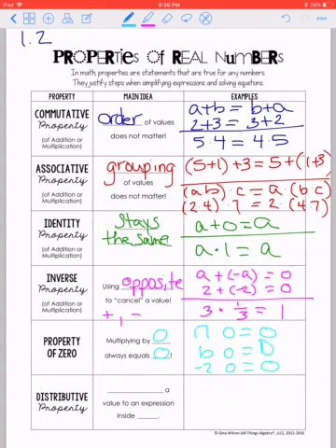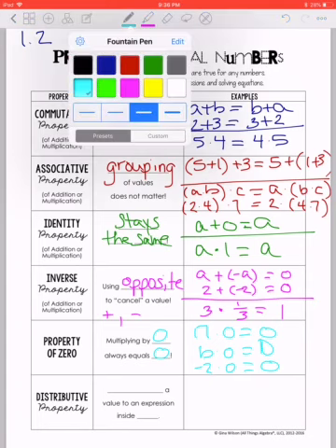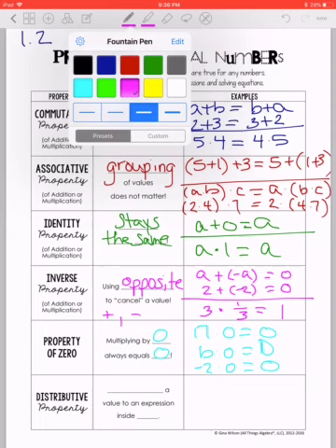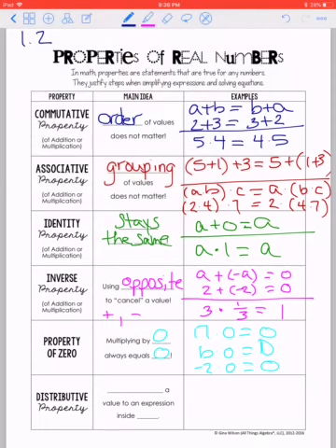All right. The last one here, distributive property. Let's go back to blue. Distributive property is where you multiply a value on the outside times all the expression that's on the inside of the parentheses. So we'll do an easy one here.